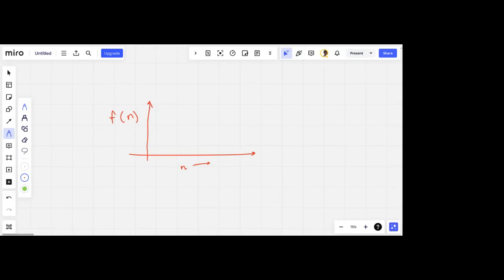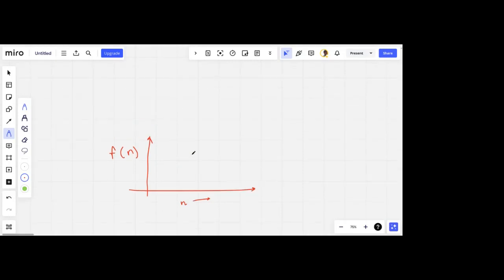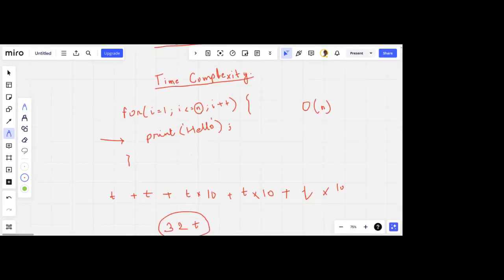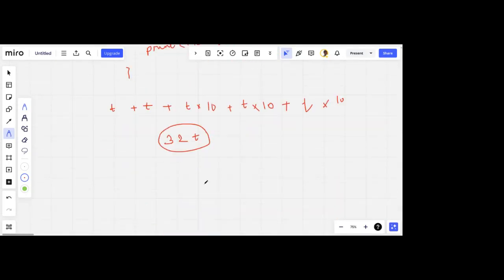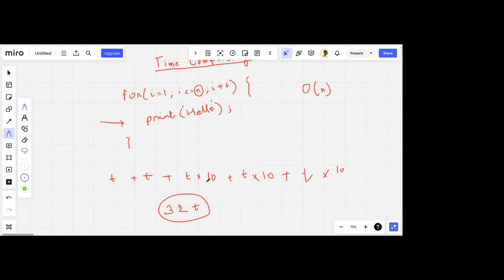And it applies in any real world scenario, right? Okay, so whenever the input size increases, the time it takes will increase, right? For example, here just see this. When n equal to 10, it is taking 32t. But when n is equal to 100, then it will take 320t, right?